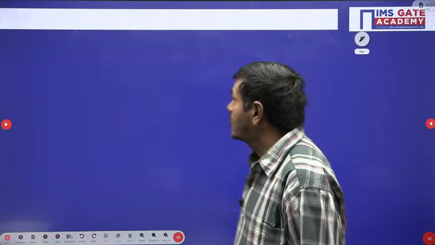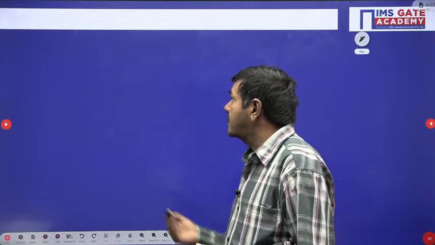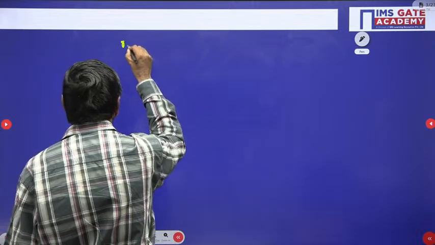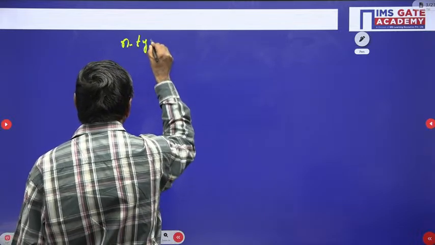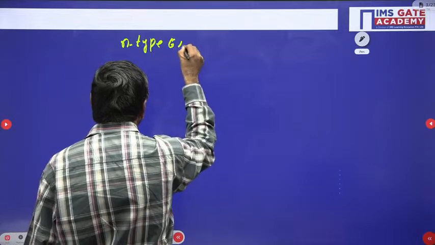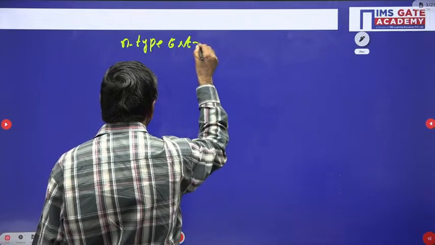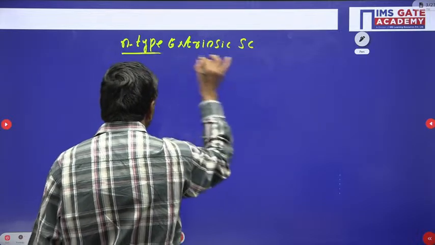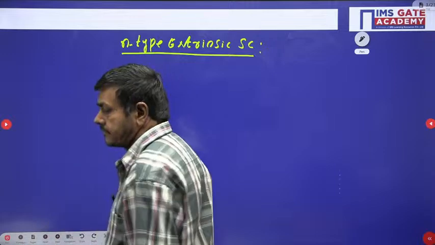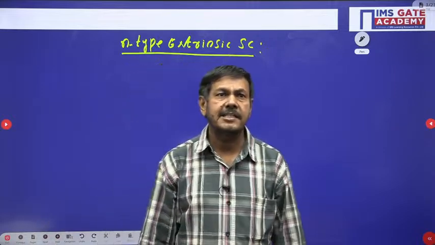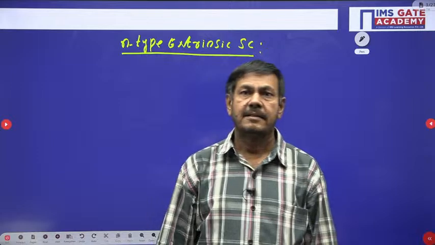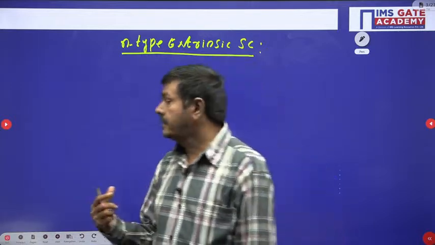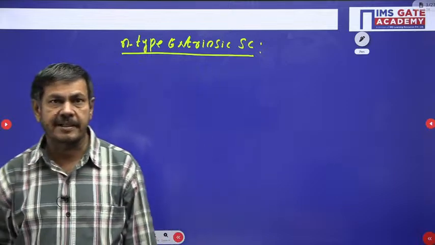So first of all, where do we have to start today? The N-type extrinsic semiconductor, which I explained in the last class. I want to give some more information here. In the N-type extrinsic semiconductor, I said a pentavalent atom is doped to get the N-type extrinsic semiconductor.